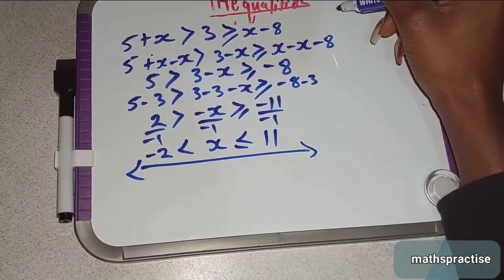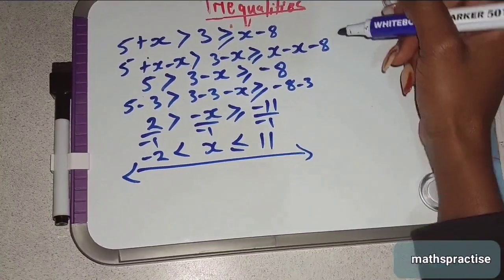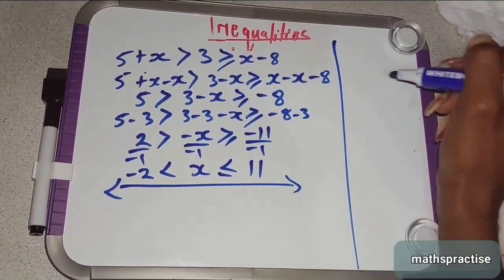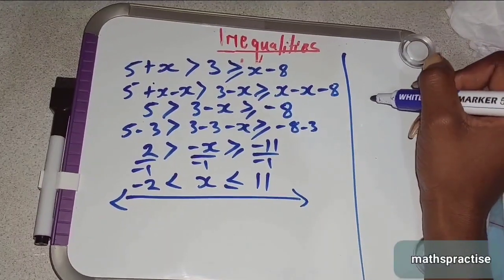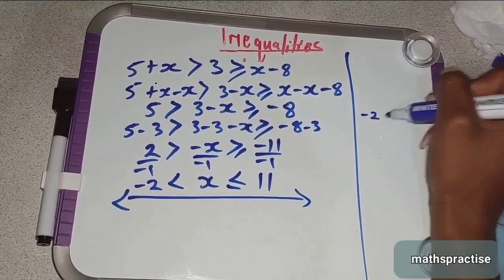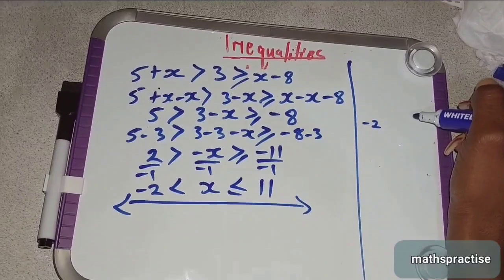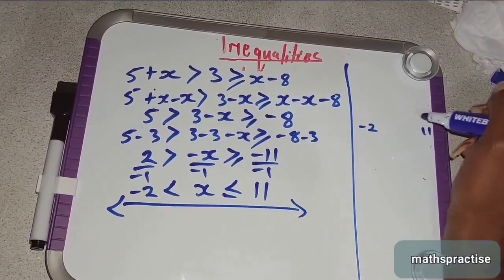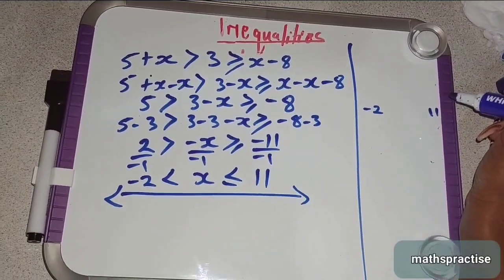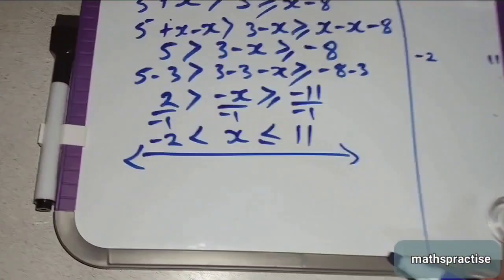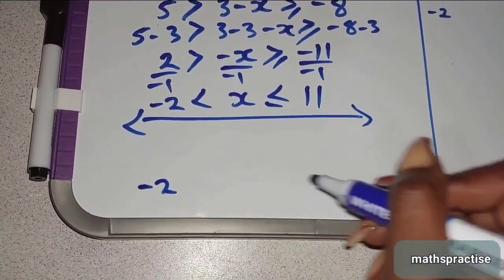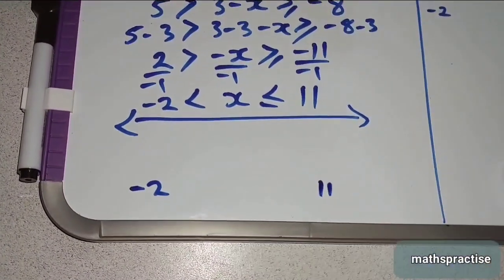Now to show it on our linear graph, we know that we have minus 2 and 11. Let me do it just down below here.